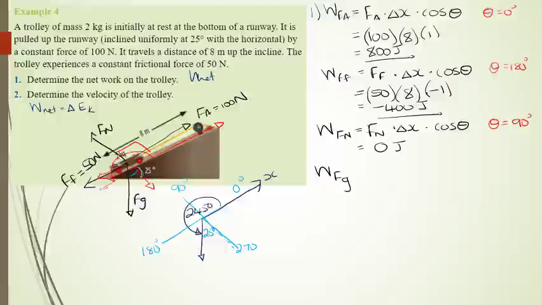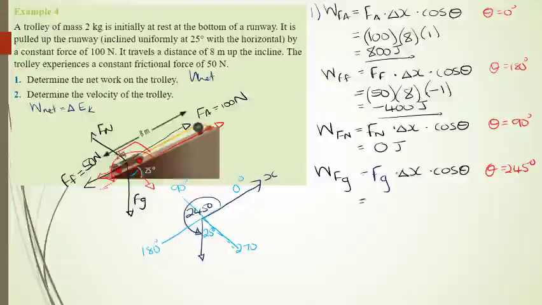So in this case, where I'm looking at my gravitational force, let's all go back to black, times my change in distance, times my cos theta, and my theta in this instance is 245. All I do is plug that into this equation.